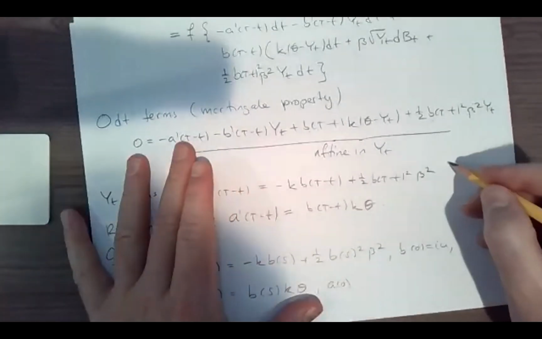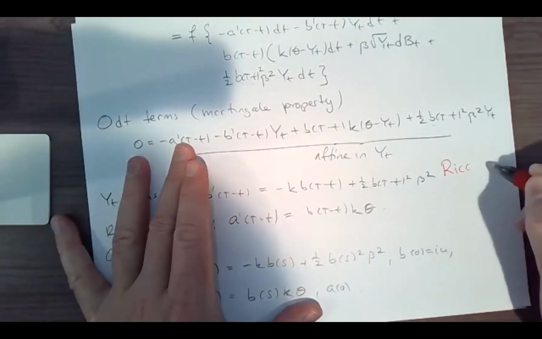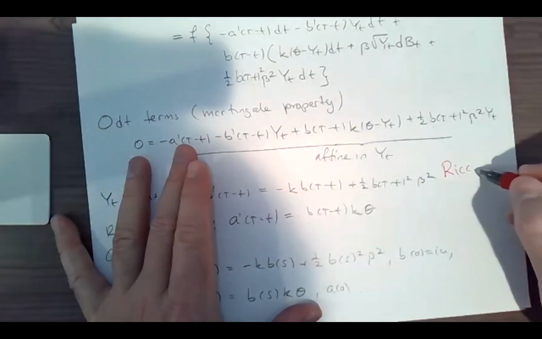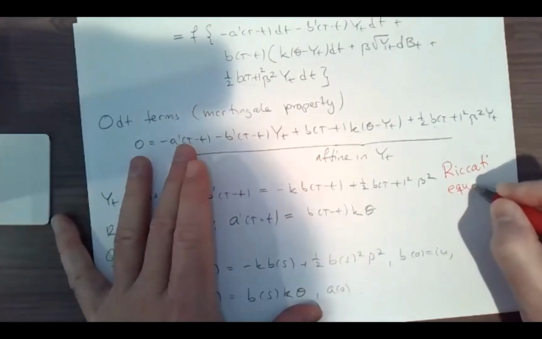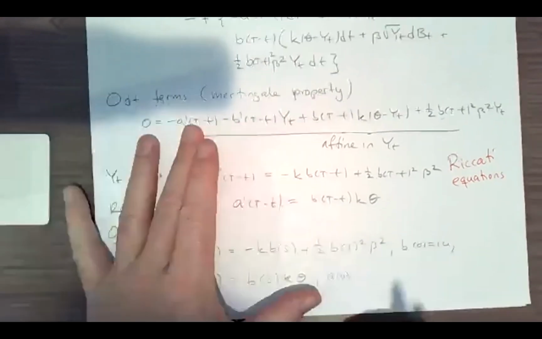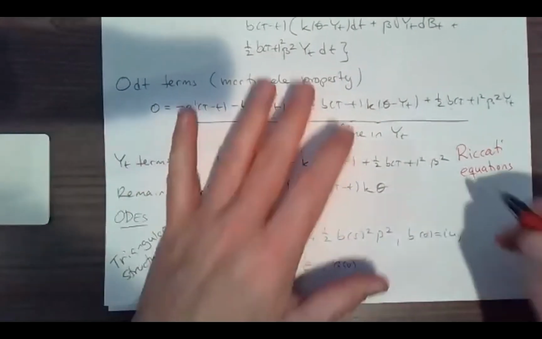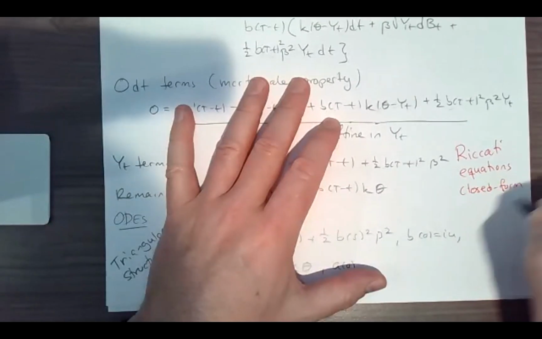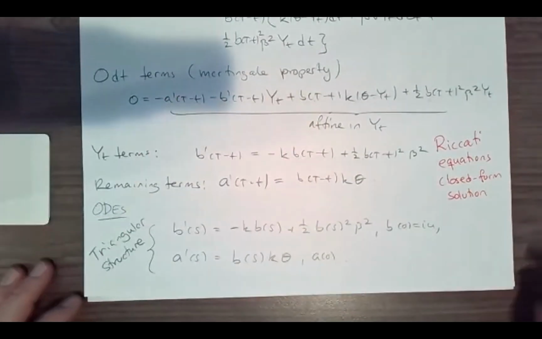These are called Riccati equations. And they have closed form solutions. There's a closed form solution.